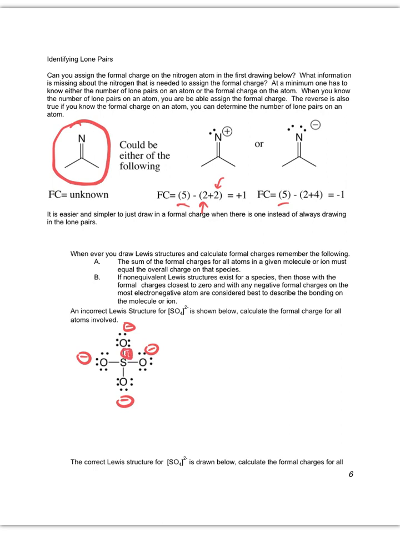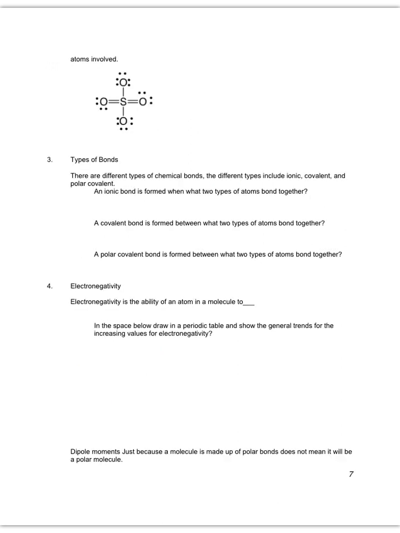Okay, now can you have a sulfur with a +2? Well, you can, but it's not very likely because that's a lot of charge on that one little atom. So it would be better to draw it where instead of having all of those charges on every atom in the molecule, we draw some of them so that they have a formal charge of 0.